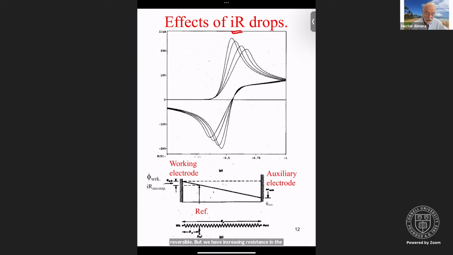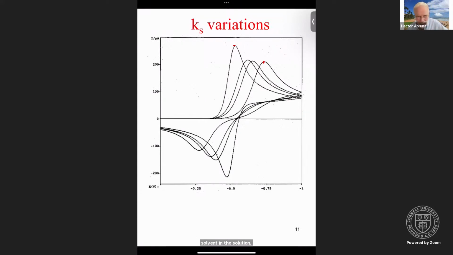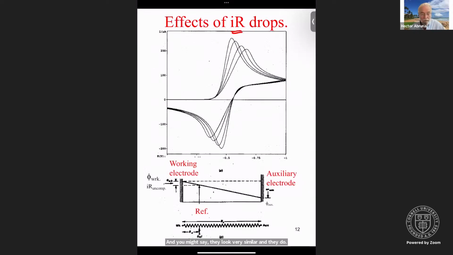And you might say they look very similar, and they do, but you can actually tell the difference, because if you look at this profile, you can almost think of it as rotating that entire profile across that line. If you move it that way or that way, those two things will converge. And that is typical of a system that has large ohmic drops or high solution resistance.